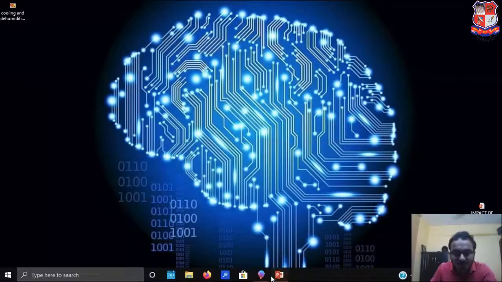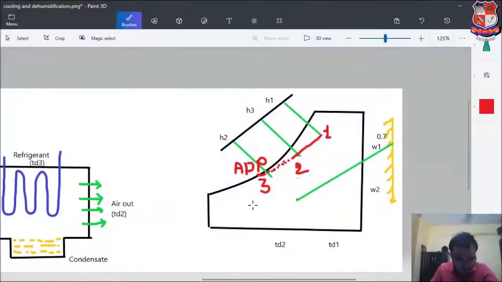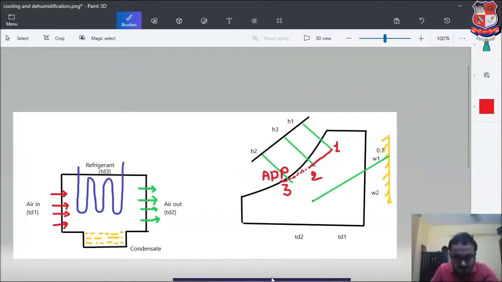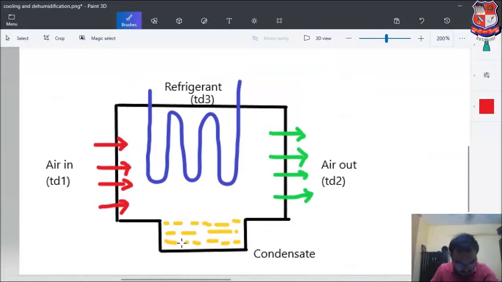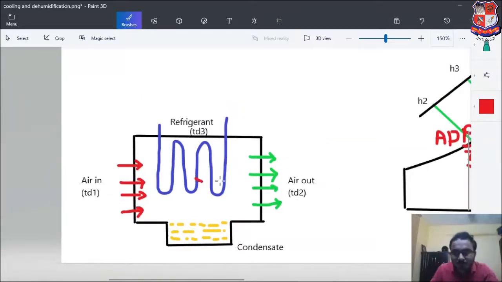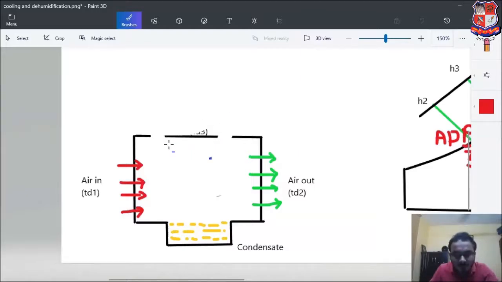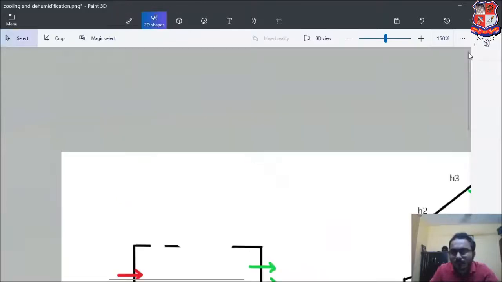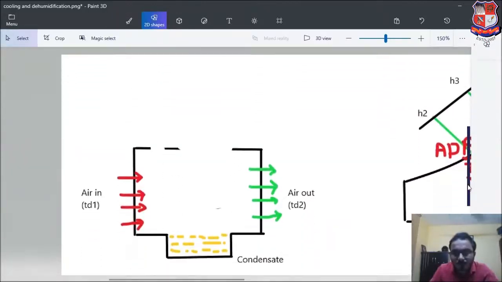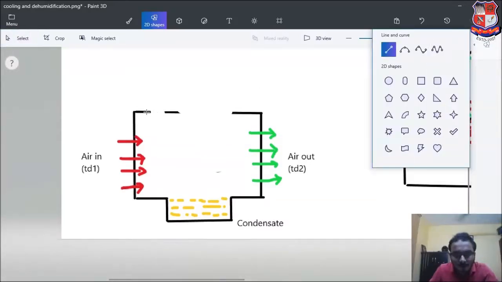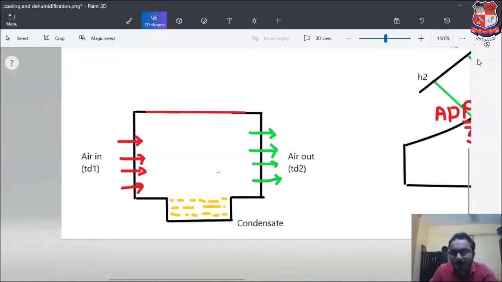So first of all we will draw a figure for this. So here we will have something different arrangement.